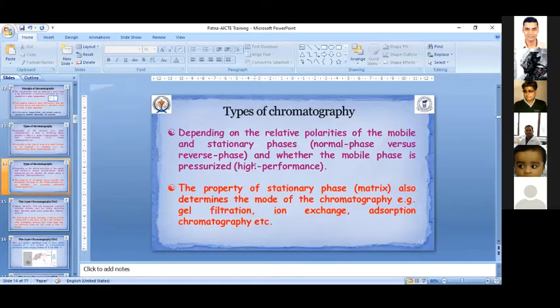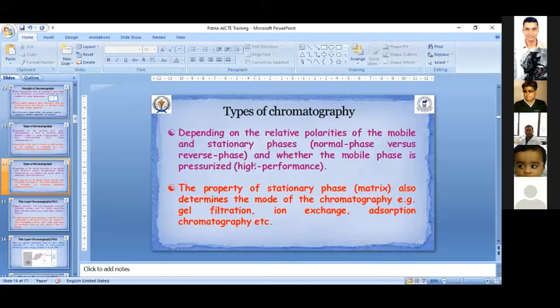depends upon the relative polarity of the mobile and stationary phases. When the stationary phase is polar and the mobile phase is non-polar, this is called normal phase.